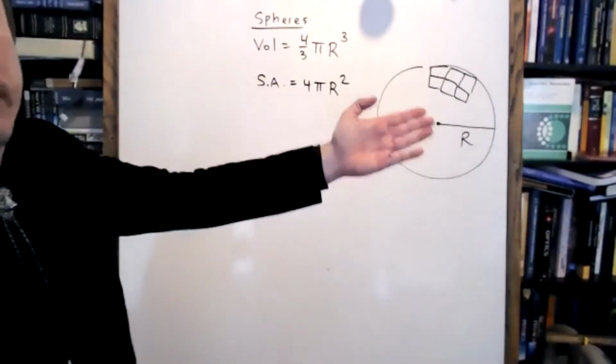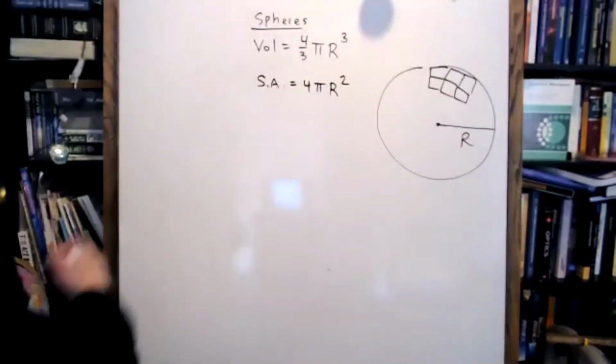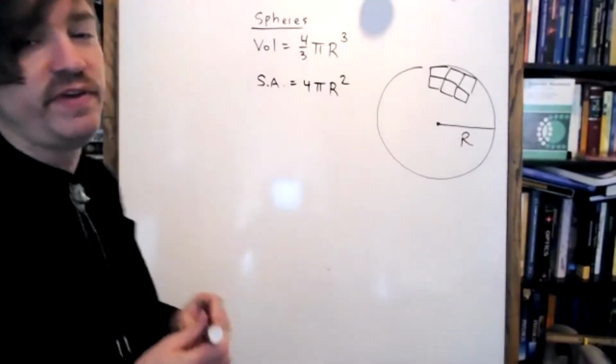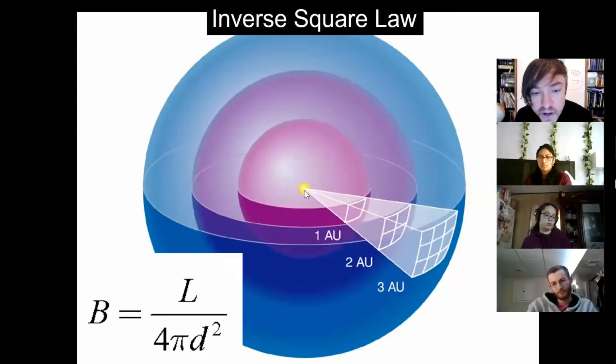Imagine that instead of your sphere being a ball, your sphere is a massive sphere surrounding a star. And here I'd like to use my slideshow because the picture is a bit superior. So here's your star. You can see your different areas. The luminosity is going to be spread over an area of space that's successively bigger as you travel through space. Now, this is a little bit abstract.